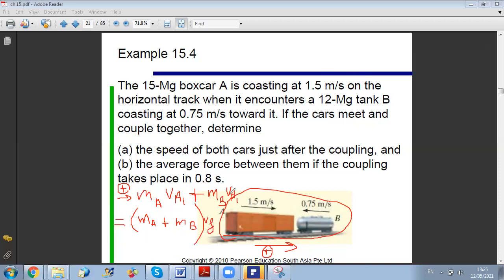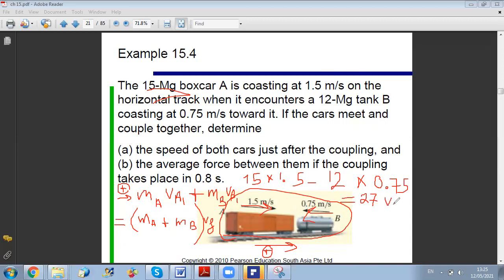MA، هلا الـ masses فيكم تخلوهم ميجا غرام لأنه the mass will be simplified، يعني إذا بحط الـ equation عندي MA 15، VA هي positive، انتبهوا على الـ direction، VA positive VB negative، يعني I have 15 times 1.5 minus 12 times 0.75 equals to the total mass اللي هي 15 plus 12 اللي هي 27 times V final.